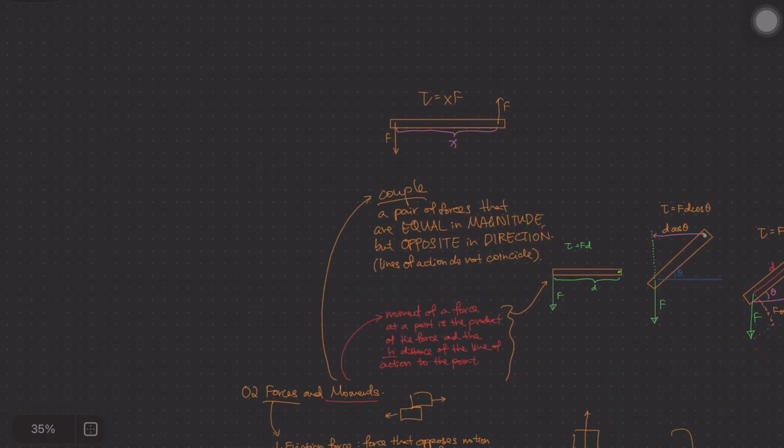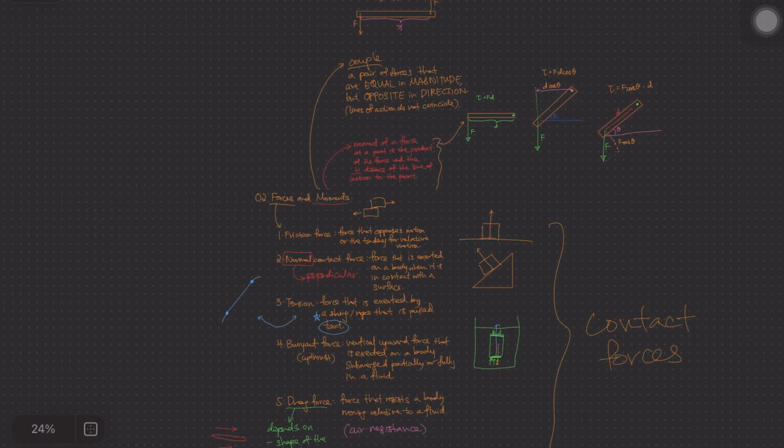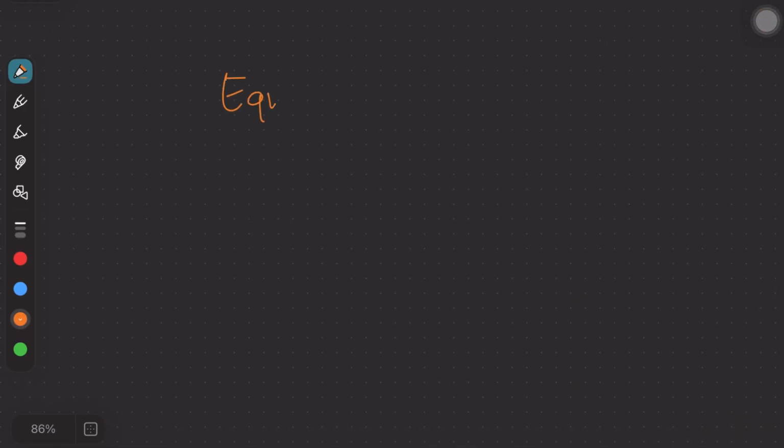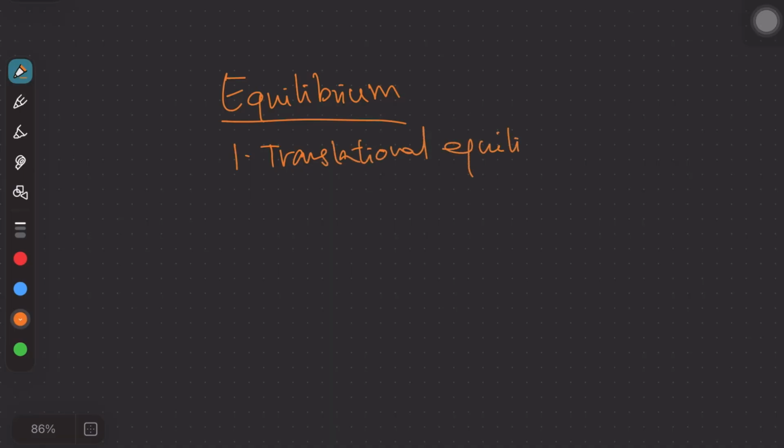Now that we have talked a lot about both forces and moments, let's take a look at this idea of equilibrium. For a body to be in equilibrium, it needs to satisfy two criteria. One is that it needs to be in translational equilibrium, and the other is that it needs to be in rotational equilibrium.